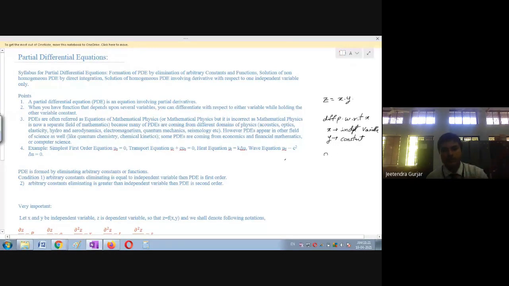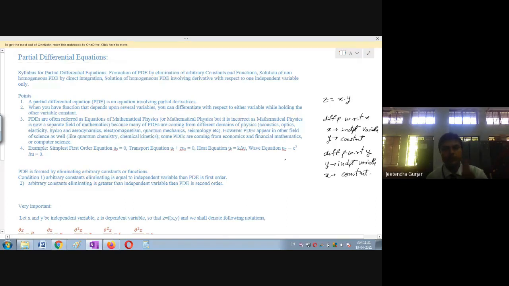Now suppose you again differentiate the same equation above partially with respect to y, what will happen now? Can anybody tell me what will be y? Yes, you are right. y will become the independent variable and x you are going to hold constant. Very good.